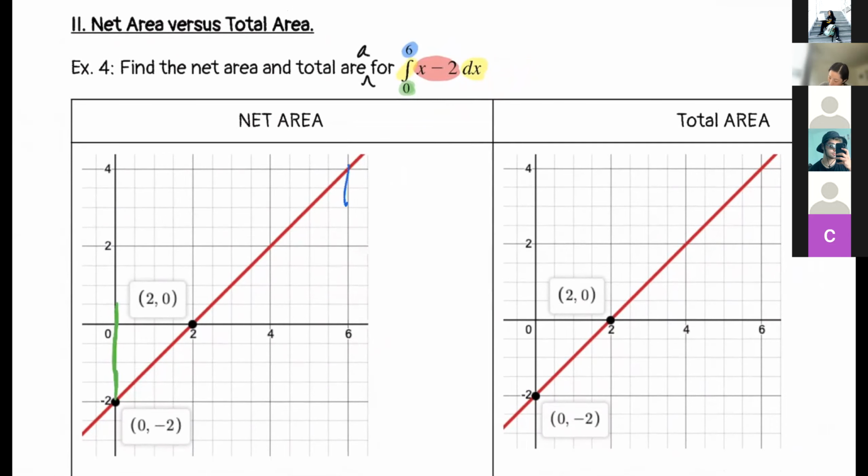And we're going to go all the way until we get to x equals 6. Okay. And so if we were to shade this area in, we might notice that we have this part down here, right? And then separately, we have this part here.